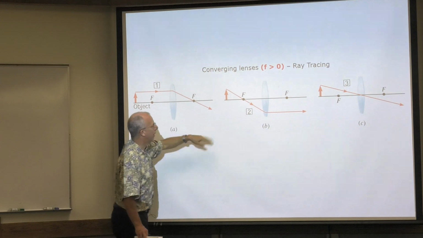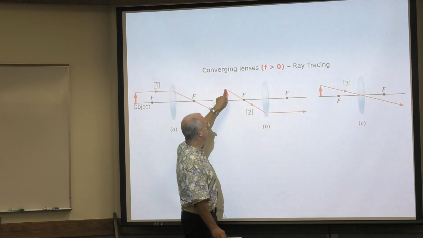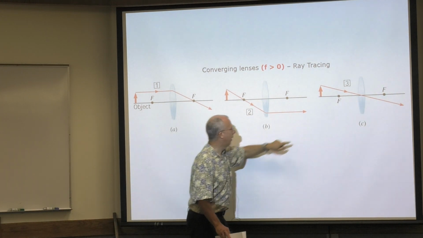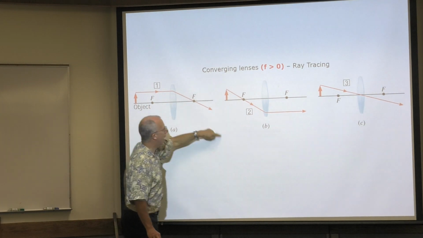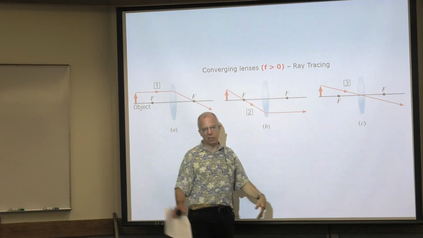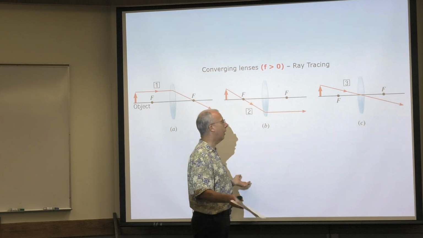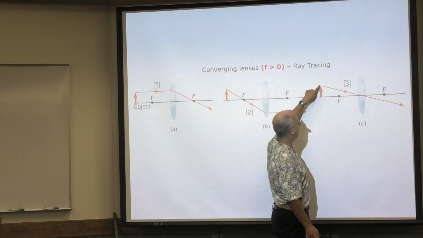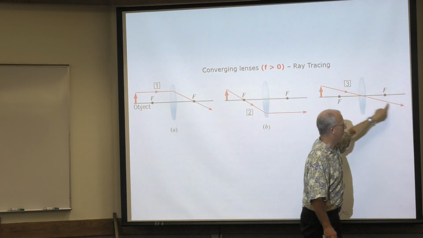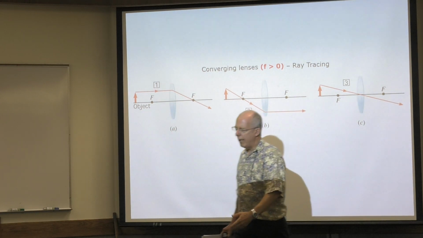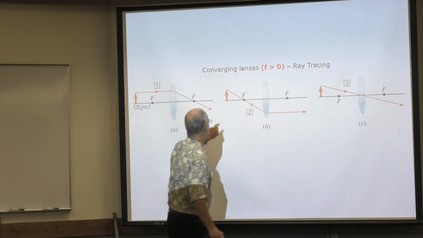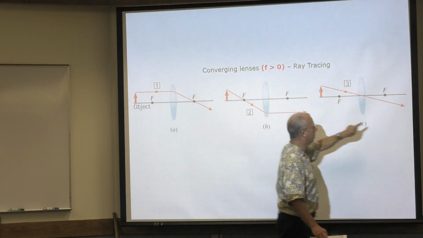Parallel in, focal out. The second one, you go through the focal point first, then parallel out. So this was parallel in, focal out. This is focal in, parallel out. So that's easy to remember. The third one is the best. You just go to the top of the object, you go through the center of the lens, and just keep it straight. Now, the image is going to be where these outgoing rays intersect.